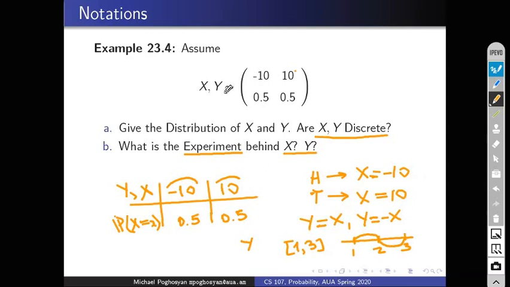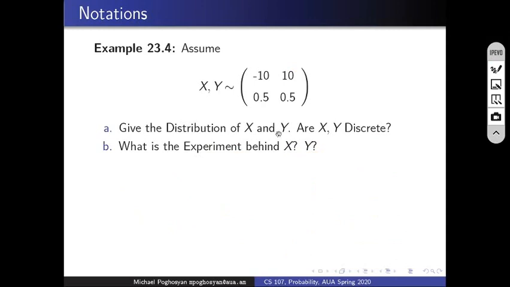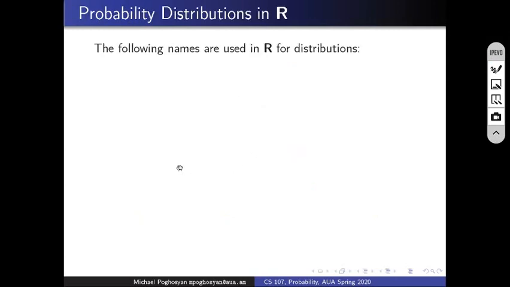So this notation, y is coming from this distribution or x is coming from this distribution, says what the possible values are and what the corresponding probabilities are, but it says nothing about the experiment behind. That is not important in this case. So let me erase and move forward. Okay, so about distributions in R.